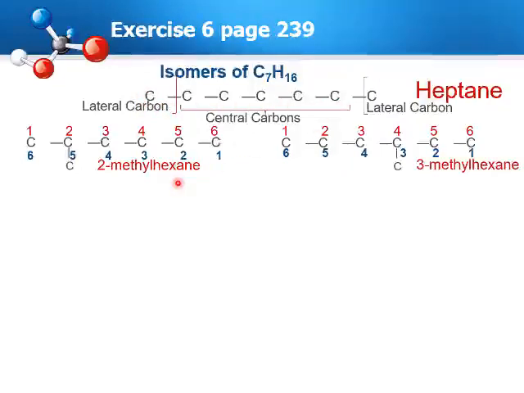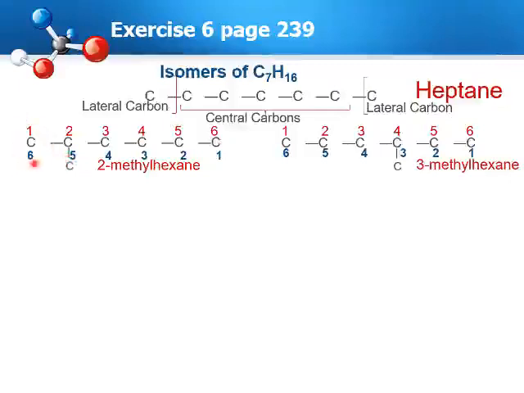In the remaining steps, we will work on these two isomers obtained when taking off one carbon, taking one lateral carbon in each step. When working on this isomer, we cannot take off this carbon since it's attached to a carbon that is already holding a branch.